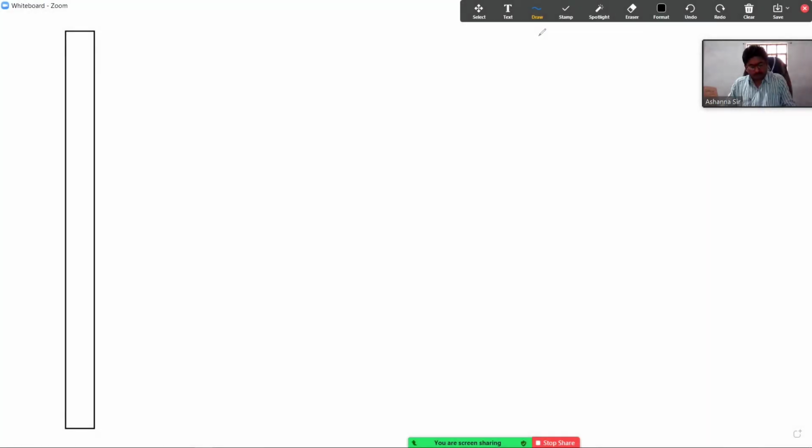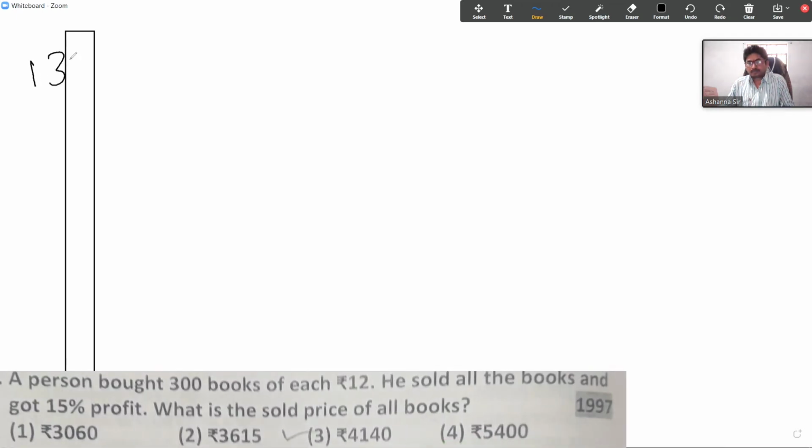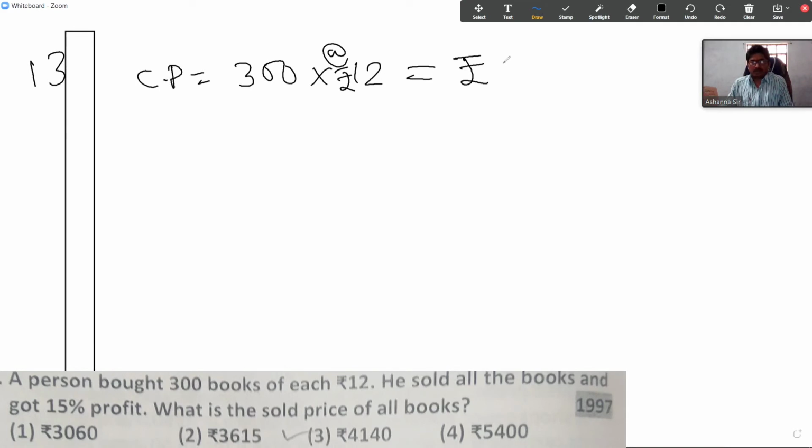Question number 13. 300 books. Here cost price, 300 books at the rate of 12 rupees. So 300, 12 3s are 36, 3600.